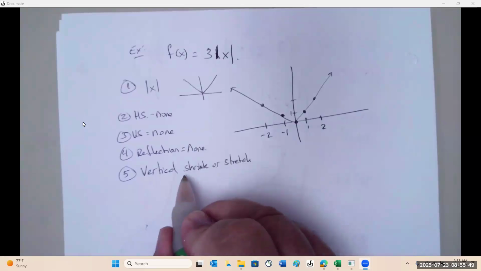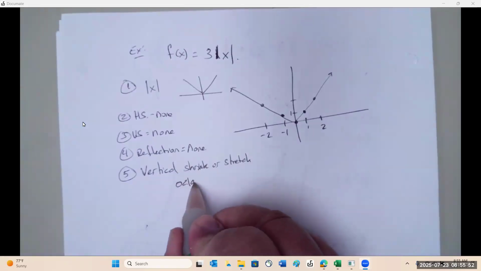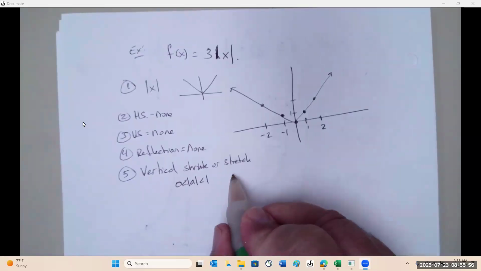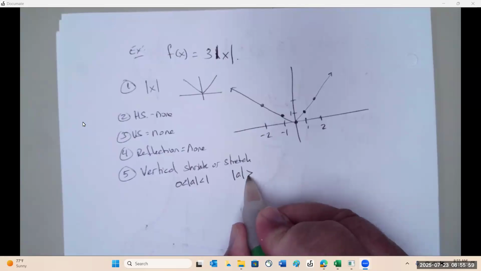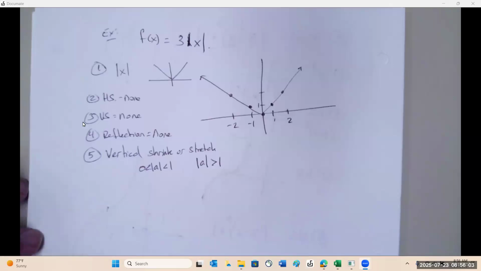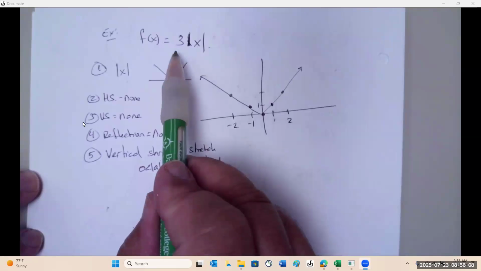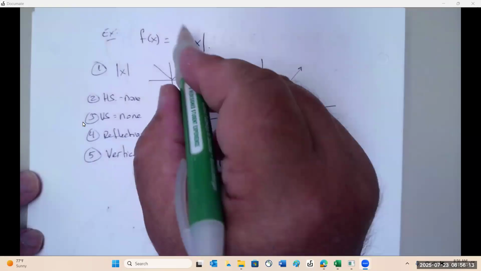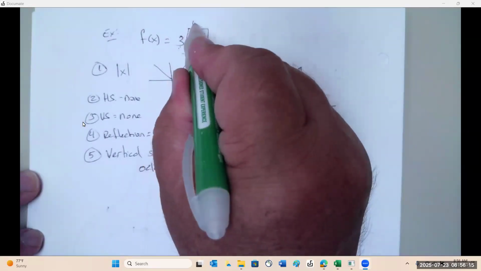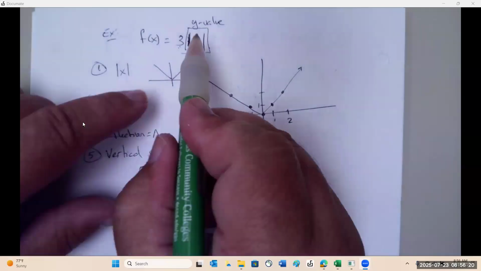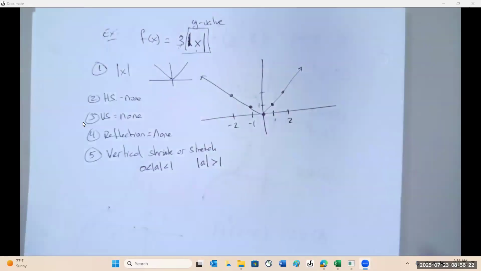It's a shrink if a is a fraction. It's a stretch if it's bigger than 1. So what happens here is this. It says 3 times the function. Remember, what does this represent? This is my y value. So whatever my y value is, I multiply by 3.